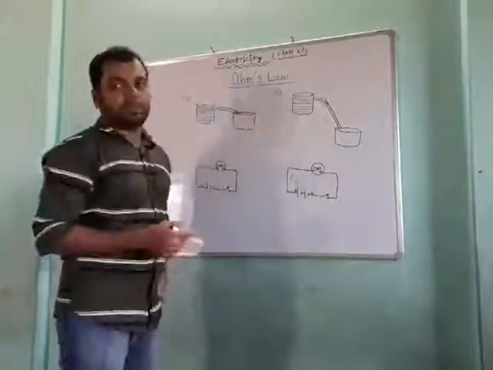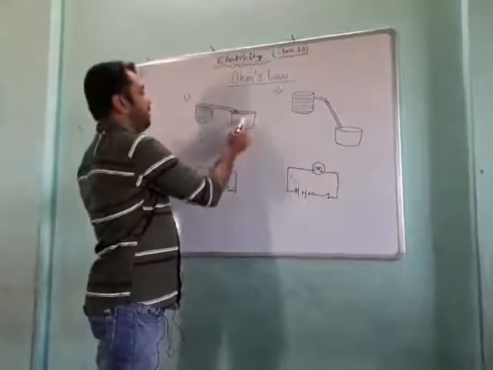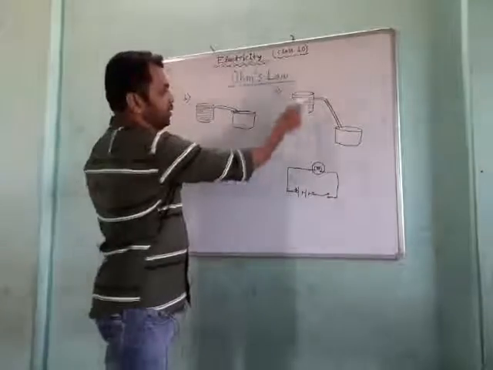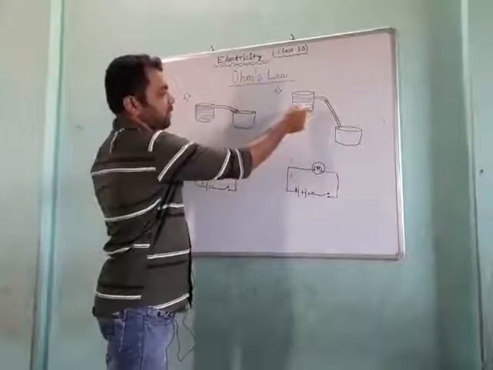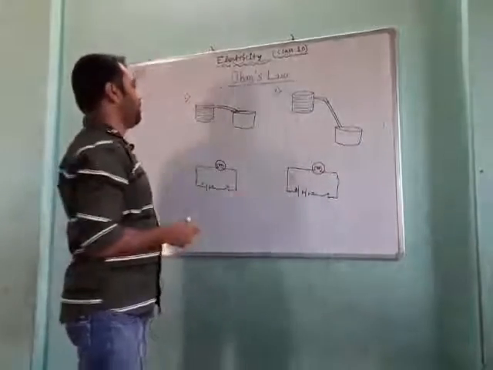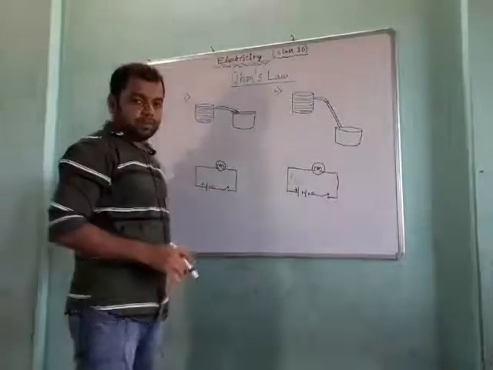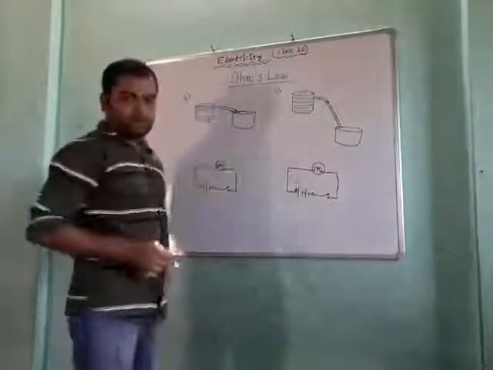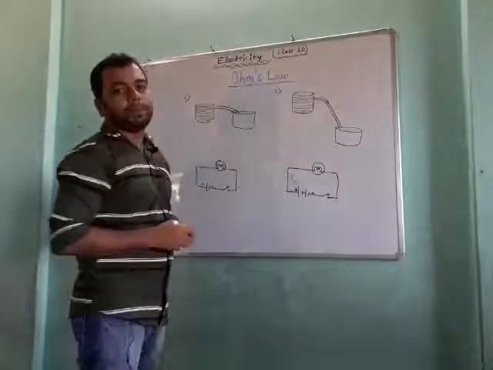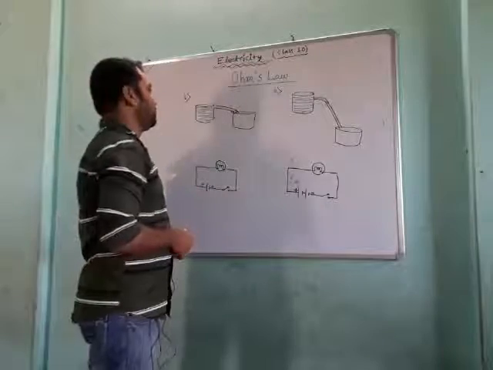See these pictures. This is a filled tank and this is an empty tank. Now, if we connect both of these tanks with a pipe, can you guess through which pipe the flow of water will be highest?